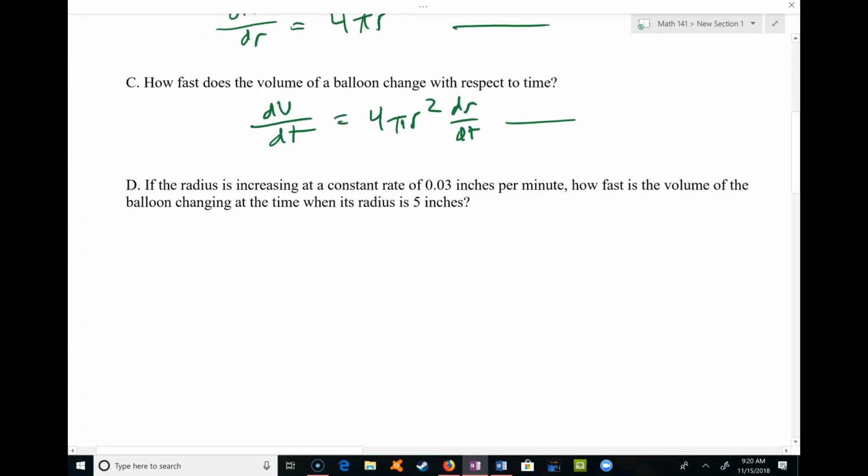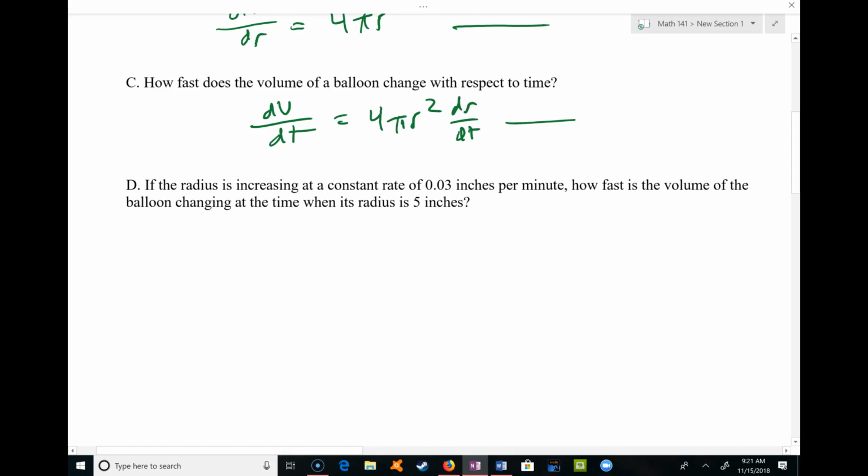So part D says, if the radius is increasing at a constant rate of 0.03 inches per minute, how fast is the volume of the balloon changing at the time when its radius is 5 inches? Whoa, that's some information.